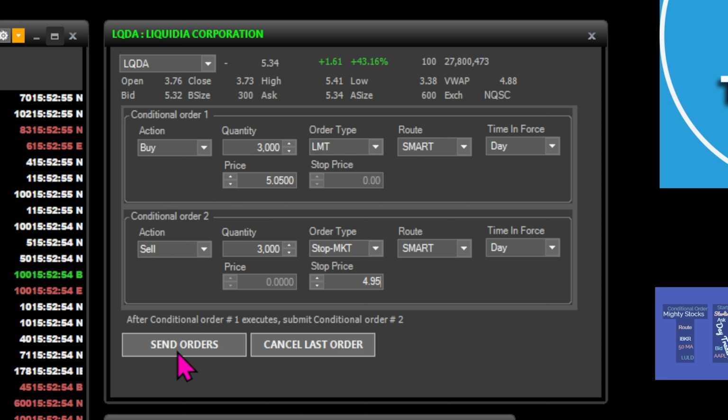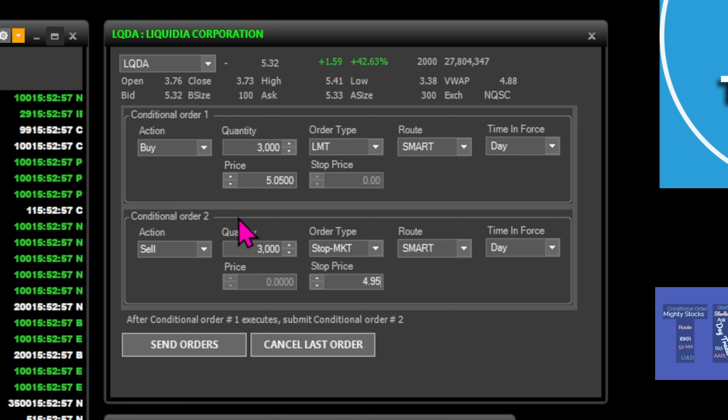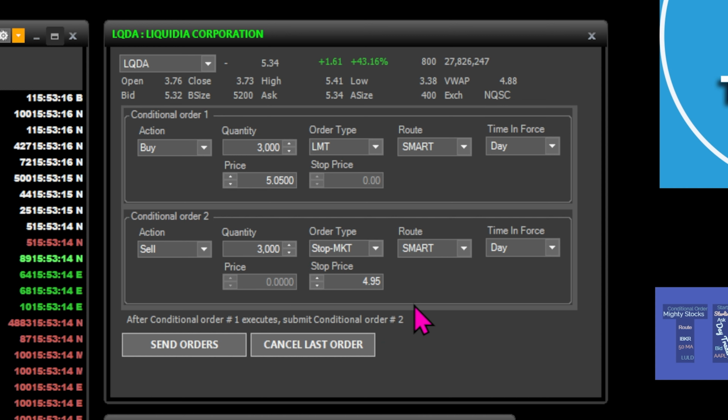And so if I send this order, it's going to put an order out there for 3,000 shares at 505. And then if that order executes, it will then put out an order to sell 3,000 shares with a stop market price of $4.95. I find when I have these types of plays, I find conditional orders to be very helpful.